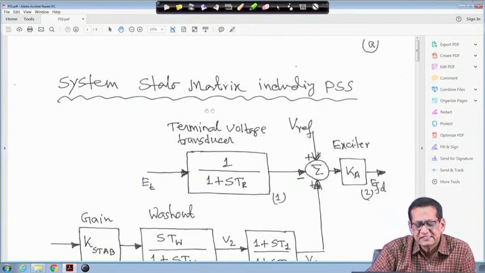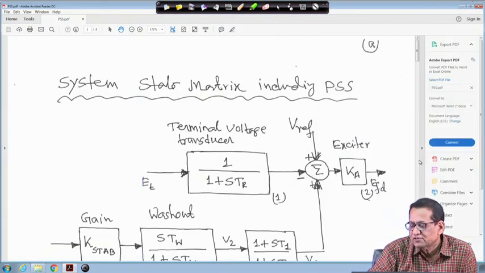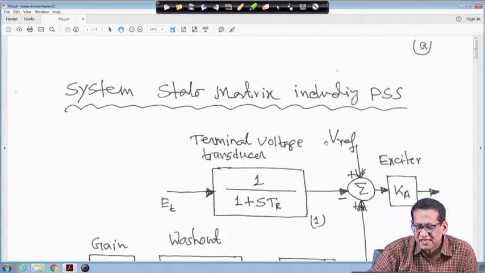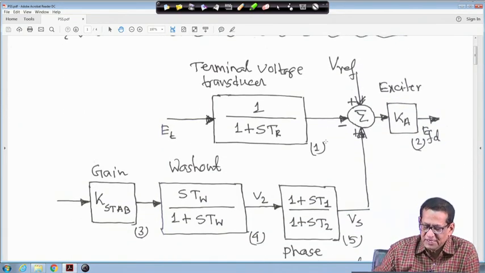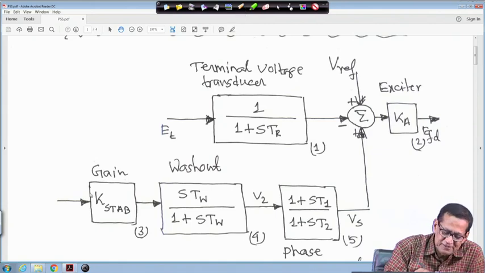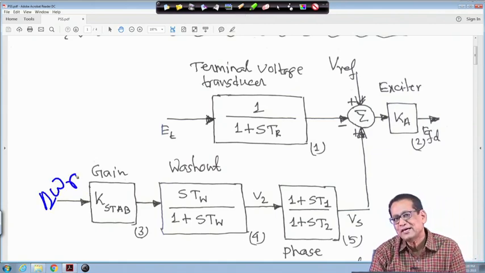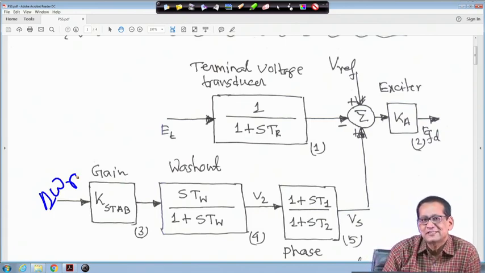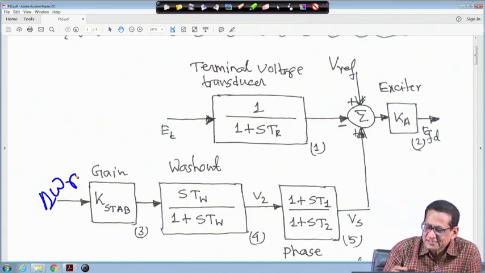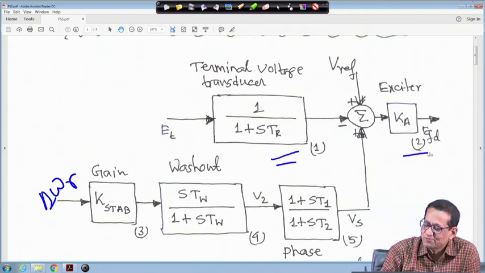Now, the system state matrix including the PSS. The same diagram I have redrawn, only one thing I missed here: the input signal to this is delta omega r. In the previous diagram, figure 32, it was there. This is marked as block 1, block 2, block 3, block 4 and block 5.